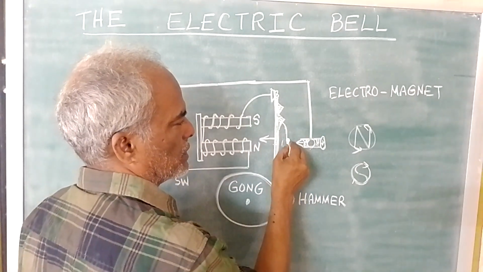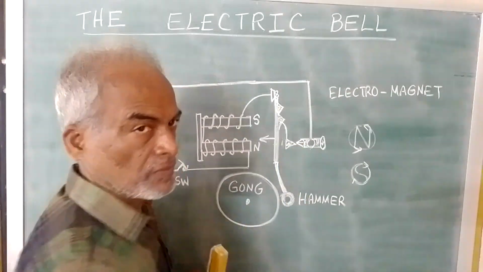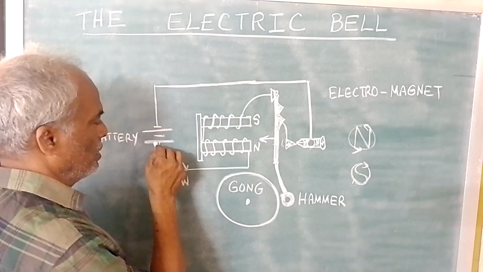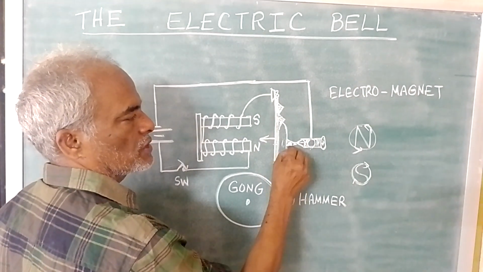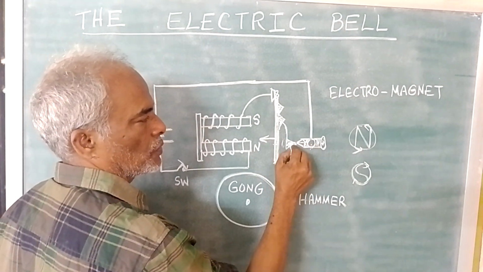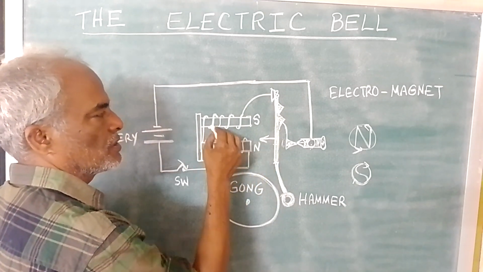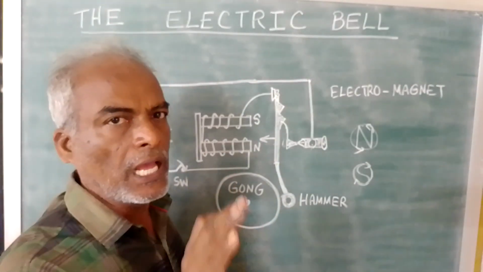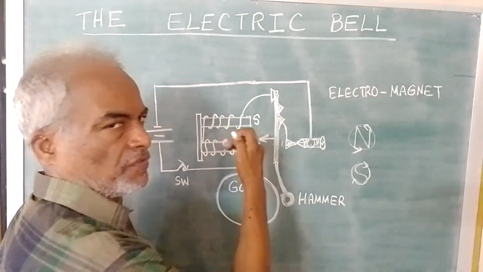That is, once again it will be in contact with this. Now what will happen? The current starts flowing, so it's now closed, it gets in contact with this screw, so the circuit is closed, so current flows through this coil. Now this once again will act as an electromagnet, so once again there will be force of attraction.